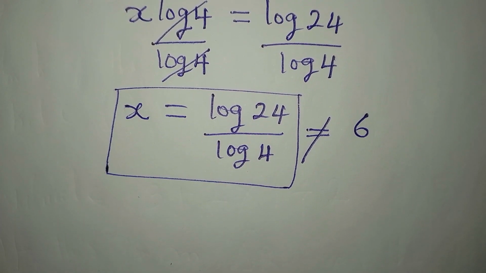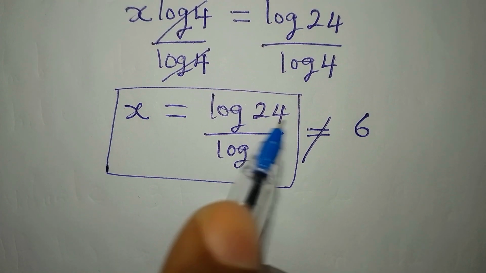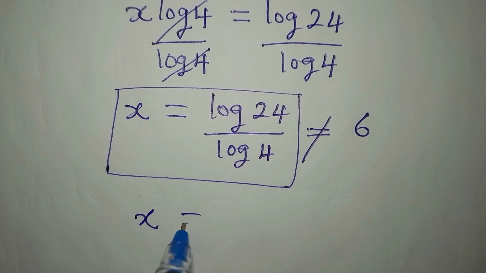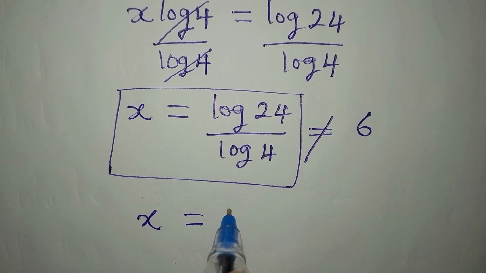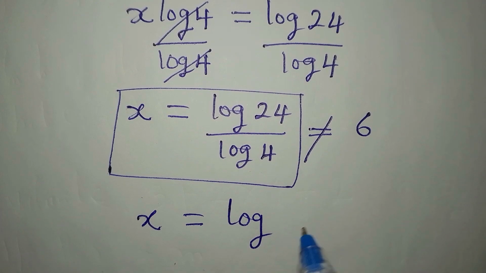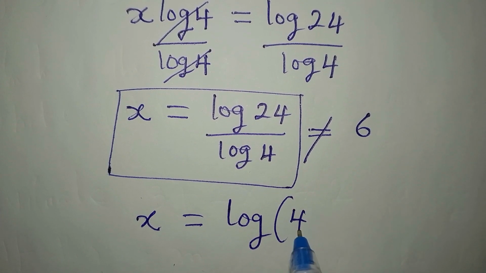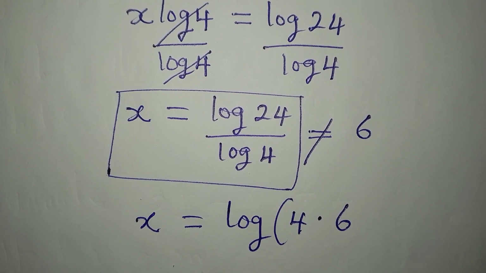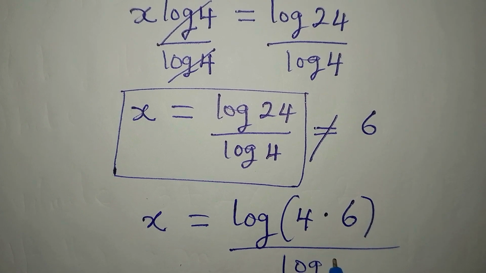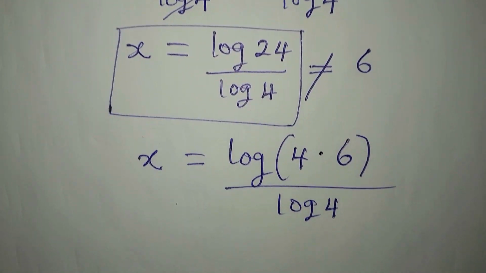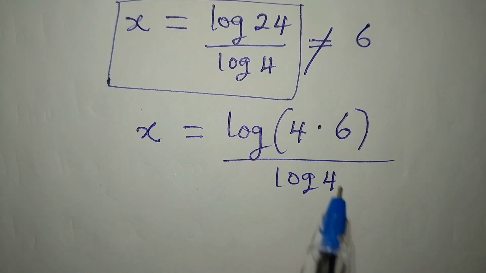Okay, so from here we can simplify this 24. So we have x to be equal to 24 is 4 times 6, right? 24 is 4 times 6. Then we divide that by log 4. Then we'll obey another law of logarithm.